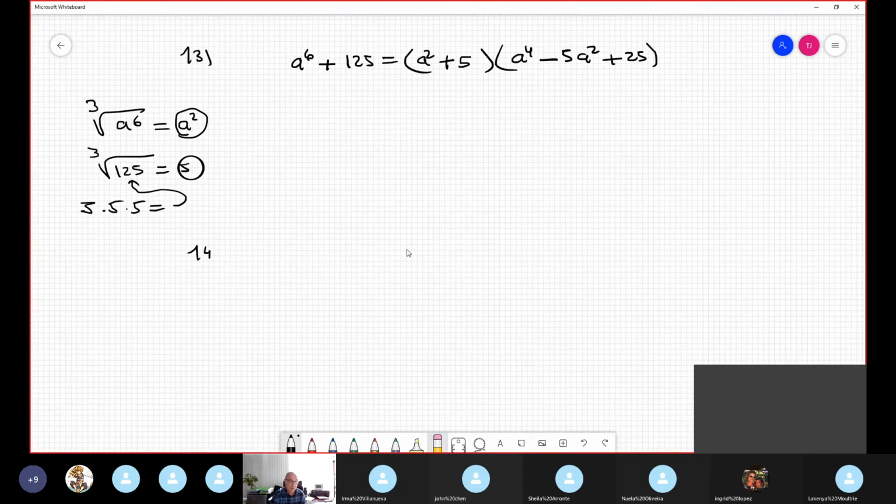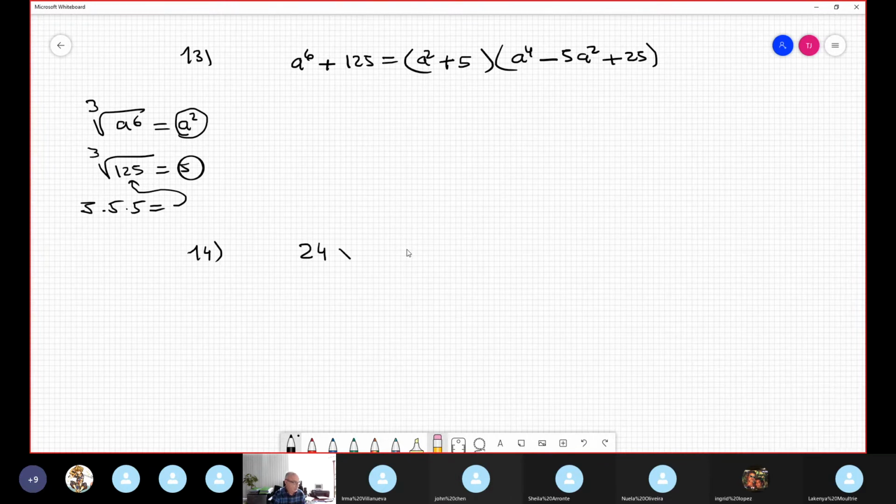Number 14 is a little bit more interesting. 24x to the 4th power minus 3xy cubed. What should I do? Help me.